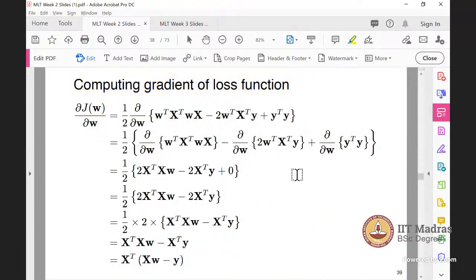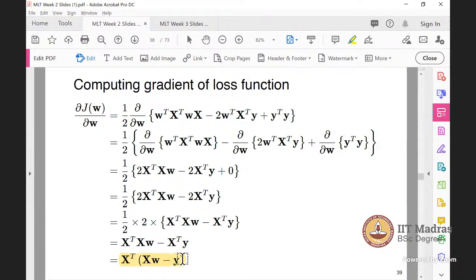And so this is the entire procedure of finding the derivative. And this is the final expression that we get. So this is worth keeping in mind. When we write this into code, we just say the pseudo-inverse of X times Y. I'll come to that part.